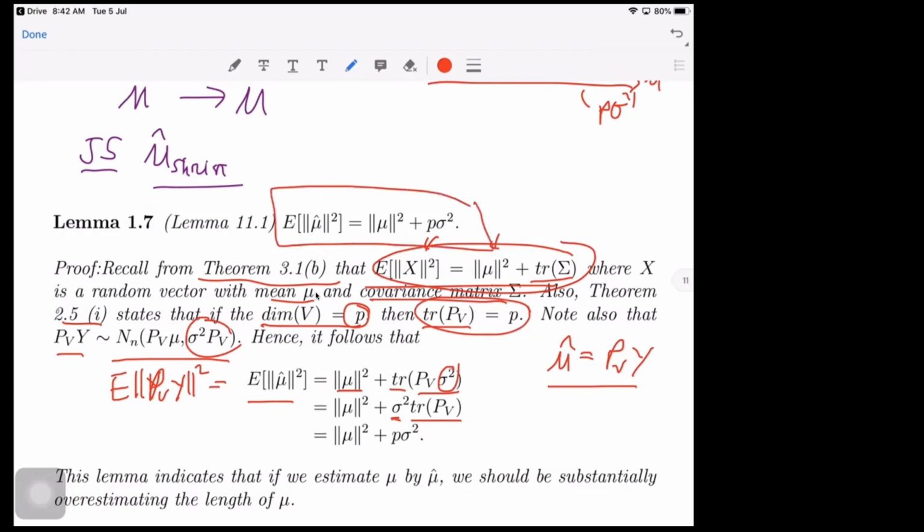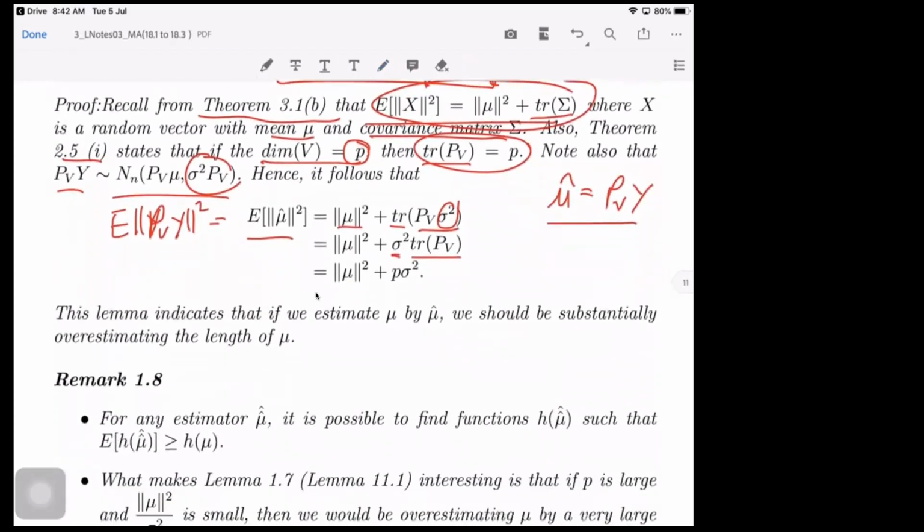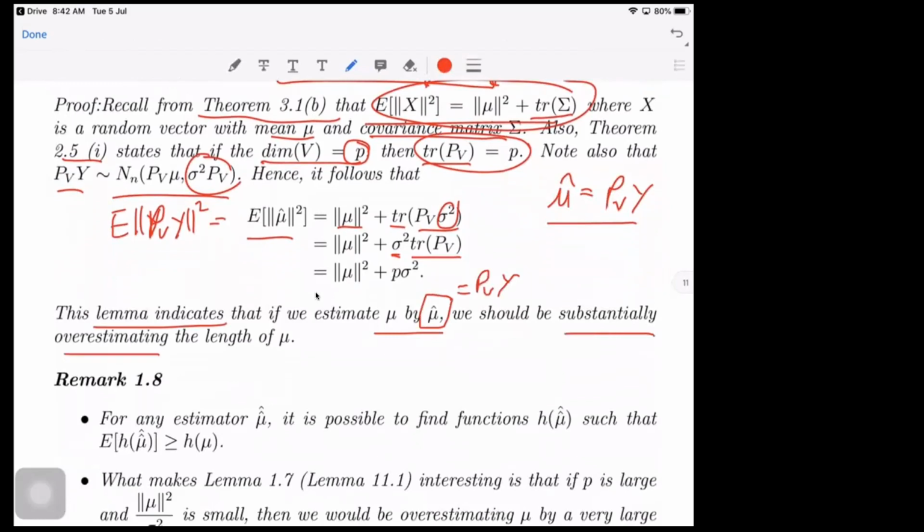So what is the implication of this lemma? The implication is that if we estimate mu by mu hat, or your PBY, we should be substantially overestimating the length of mu.